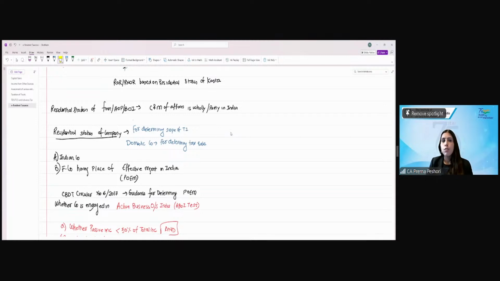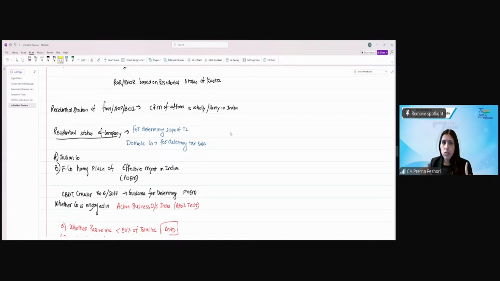Yes, very good. If you remember, we had this discussion a month back when we were talking about the basic concepts. To determine what will be my taxable income, what will be the scope of my total income, whether the global income is taxable, or whether only the Indian income accruing, arising, received or deemed to be received is taxable, you need to determine the residential status of the company.